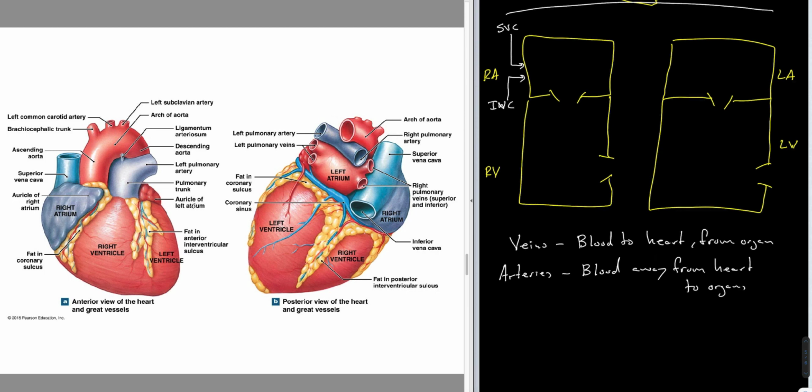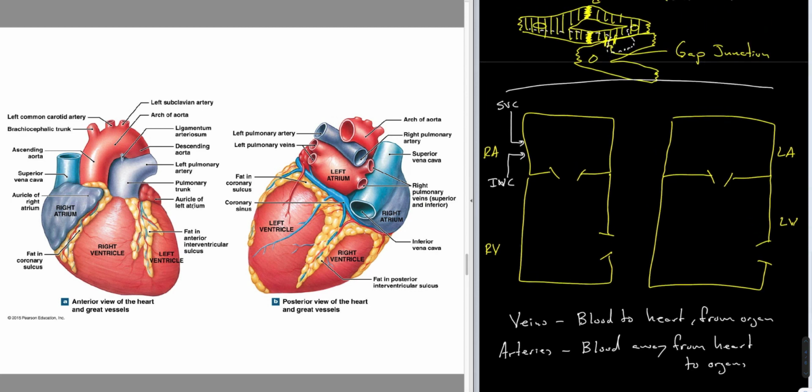Okay. So the superior vena cava and inferior vena cava are bringing blood back from the upper body, the head and arms, for the superior vena cava, and everything below the diaphragm for the inferior vena cava.